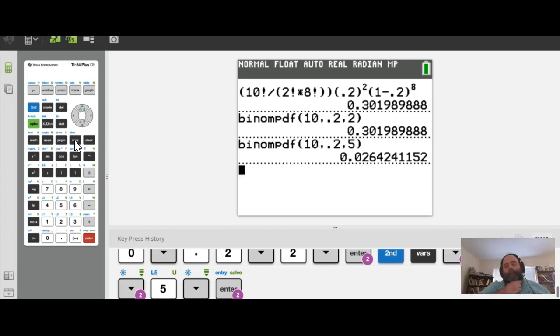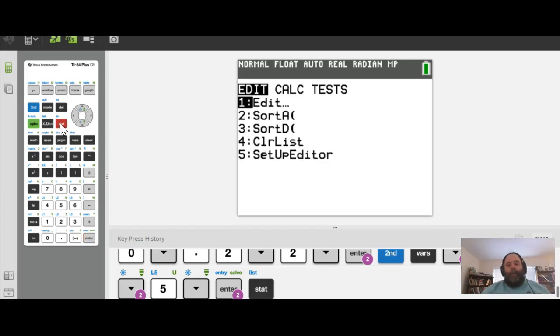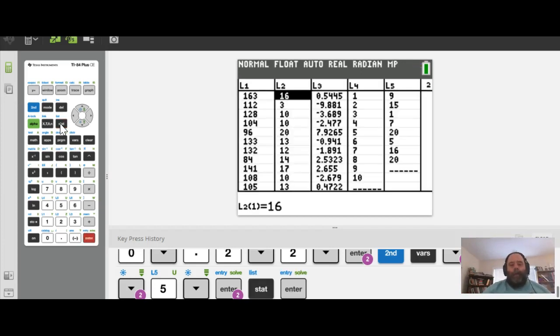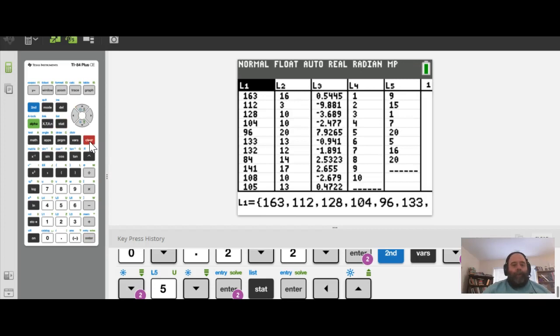So what if I want the whole chart? Well, I could go stat, edit. I've got a bunch of stuff in here, so let's clear this all out.